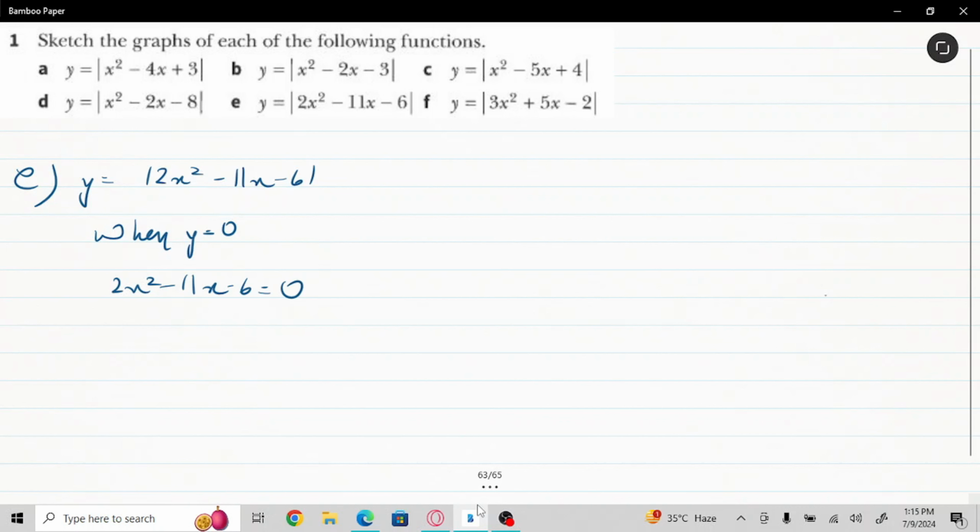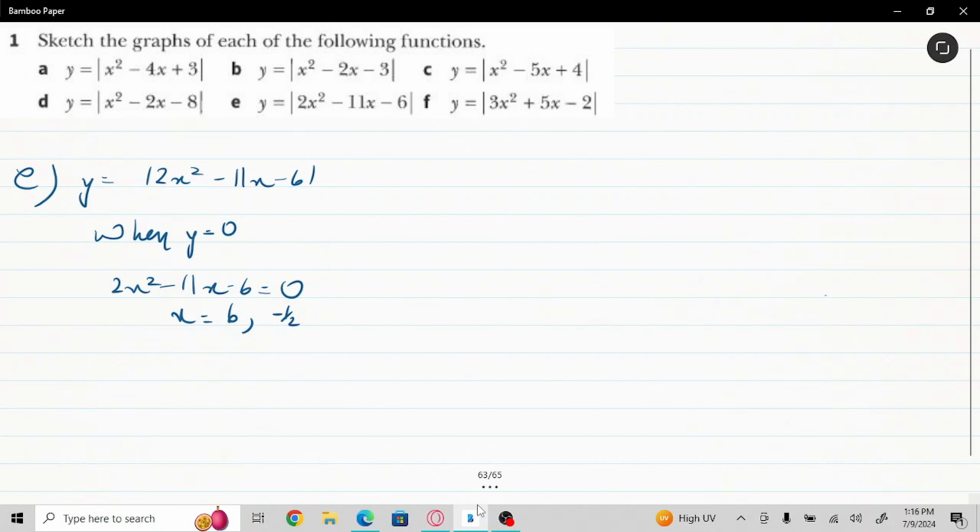We're not going to concentrate more on the quadratic formula. Just going to input this into the calculator. Minus 11 and minus 6. And that's going to give us 6 and negative 1 over 2. x equals 6 and x equals negative 1 over 2, which means actually negative 0.5.